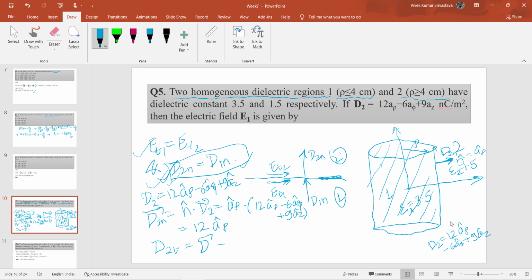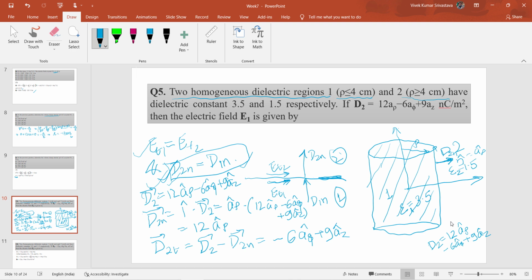Now the tangential component in region 2 is obtained from D2, which is a vector quantity. You can directly subtract the normal component from D2, the displacement vector present in region 2, and find the tangential component, which is equal to minus 6 a_phi plus 9 a_z.